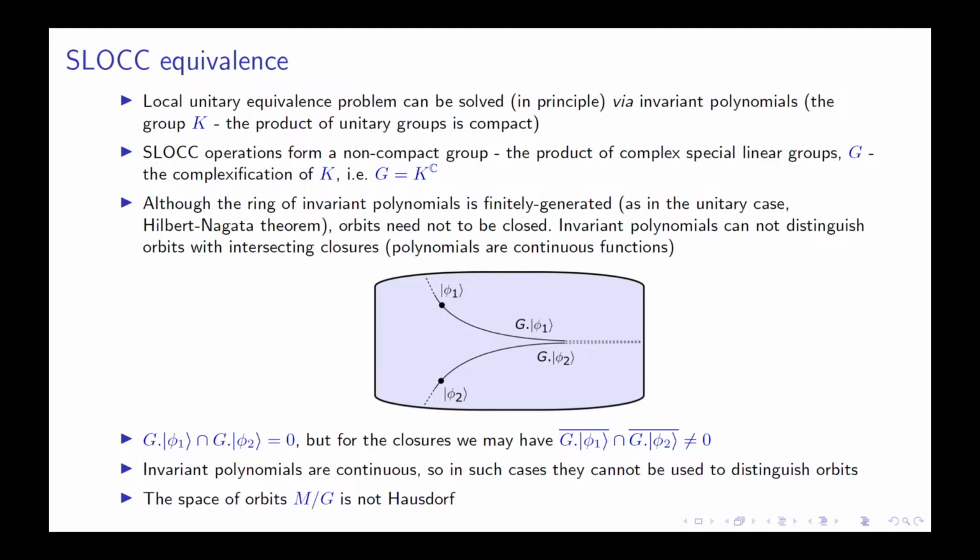Well, take the 2-qubit case: you have the EPR orbit, and the closure contains everything. The closure by Zariski of the EPR contains the separable states, but you can separate separable from EPR with a determinant. No, you cannot. No, we have to discuss this. Okay, we can discuss this.